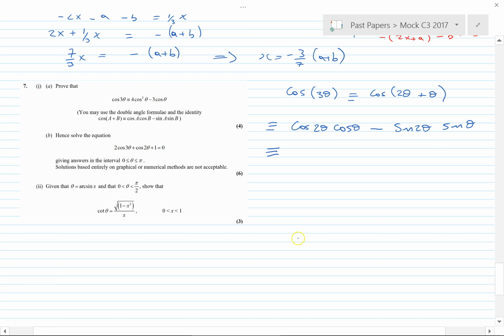Now it's the free formulas, you might know. Our starting point with cos 2 theta is cos squared theta minus sine squared theta. But if you use the Pythagorean identity, sine squared plus cos squared equals 1, they can be converted to 2 cos squared theta minus 1 or 1 minus 2 sine squared theta.